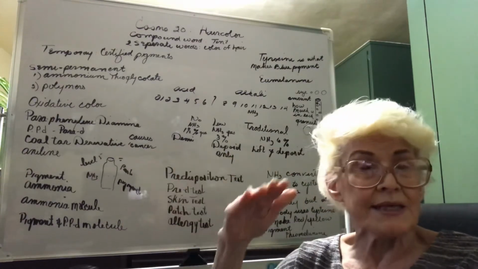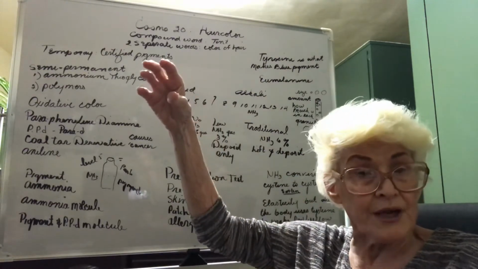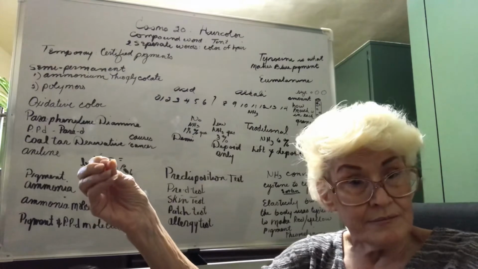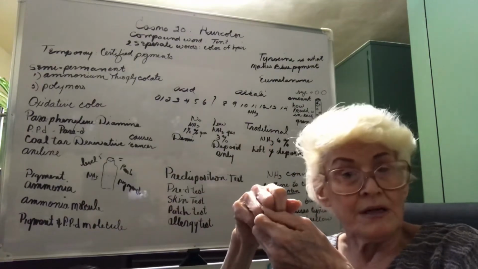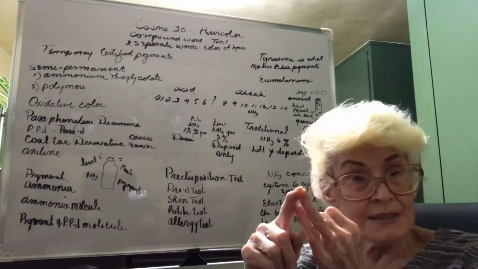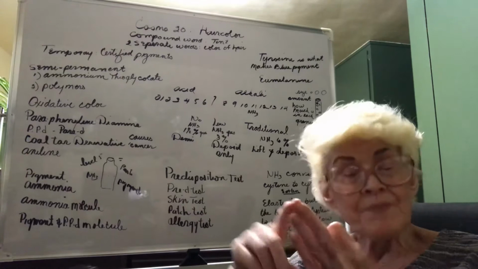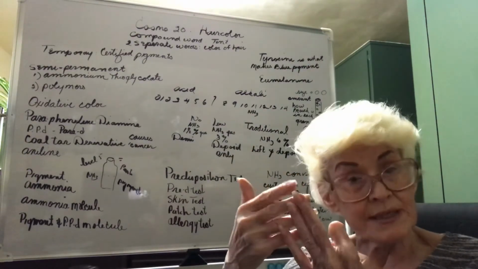And then how close together are those granules? The farther apart the granules are, the lighter the hair. The closer together they are, the darker the hair. So once again, the type of granule, the placement, and how full they are is what gives us that huge variety of natural pigment that you see.